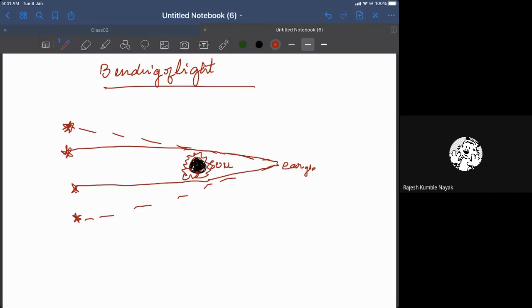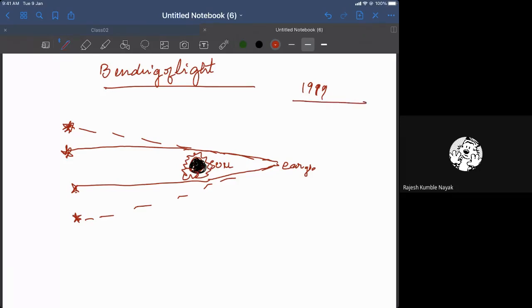This experiment was done in 1919 by Arthur Eddington. He took an expedition to measure the bending of light during the total solar eclipse, and you find that it exactly matches what was predicted by Einstein.